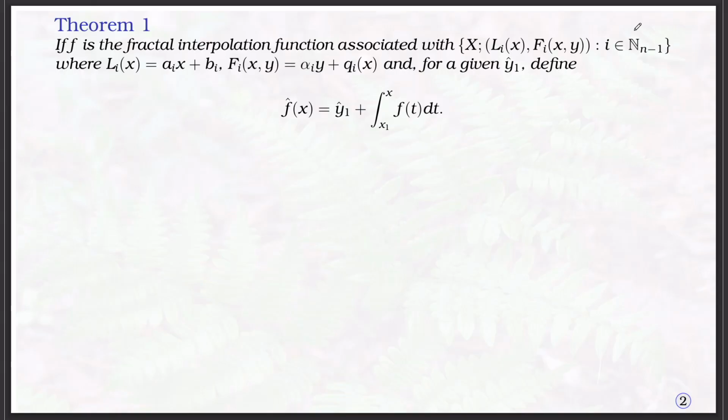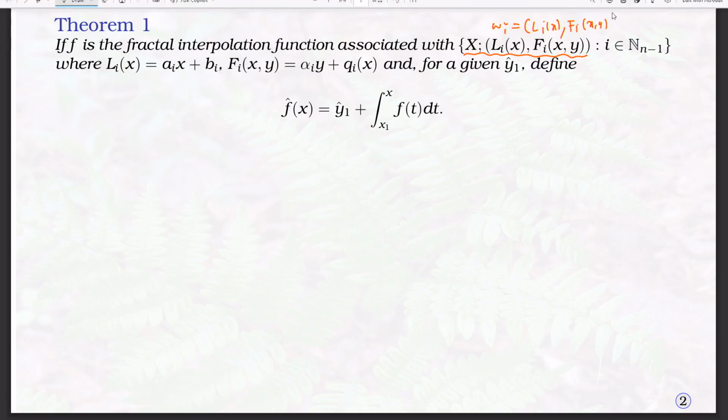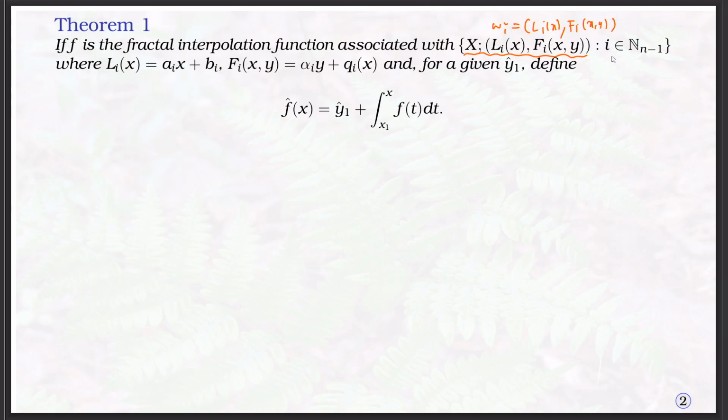If f is the fractal interpolation function associated with the iterated function system x, Li and Fi, that means Wi equal to Li of x and Fi of x comma y. So there are n minus 1 functions, therefore it is understood that this fractal interpolation function is generated for the data with size n, that means i equal to 1 to n.